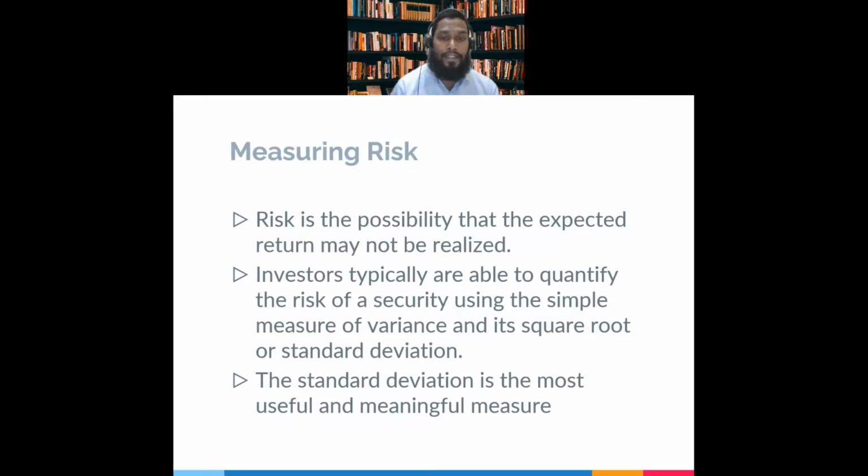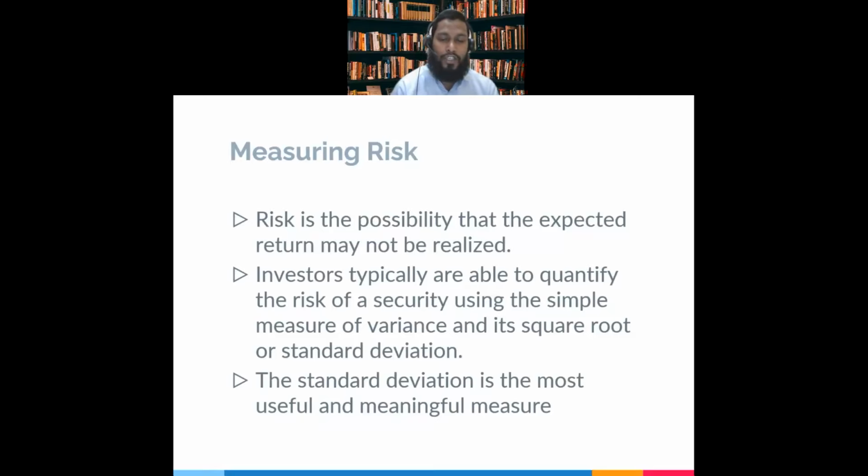Investors typically are able to quantify the risk of a security using the simple measure of variance and its square root, the standard deviation. So investors will use the standard deviation to calculate the risk.